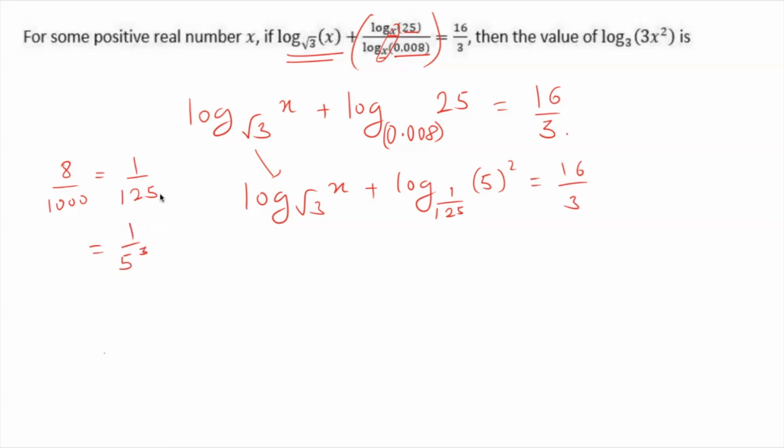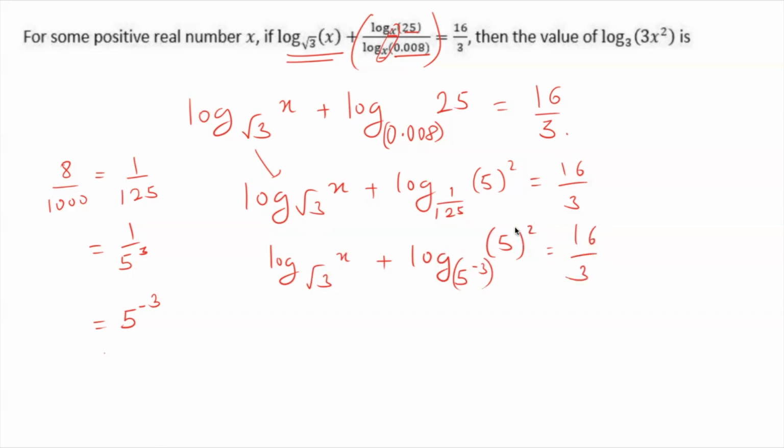Now this we have seen in indices, 1 upon a raised to n can be written as a raised to minus n. So you can simply write this part now. It will be log of 5 square as it is. The base will be 1 by 125, which is 5 raised to minus 3. And log of x to the base root 3 is 16 by 3. Now, this is one property we have seen in log.